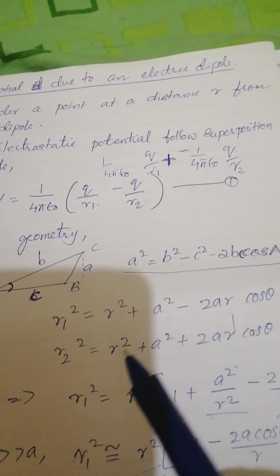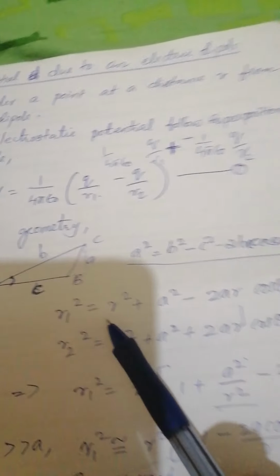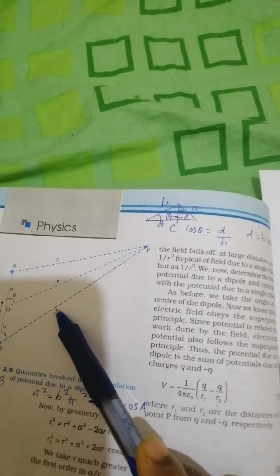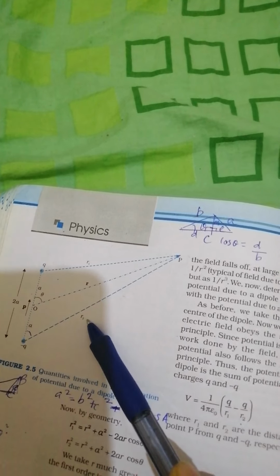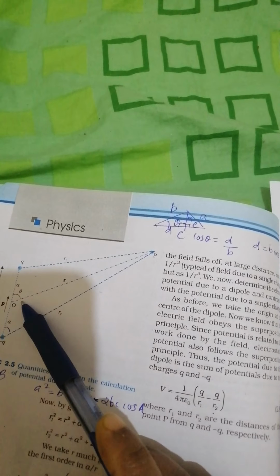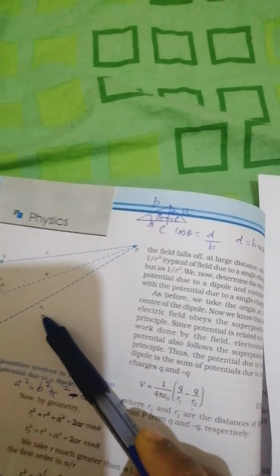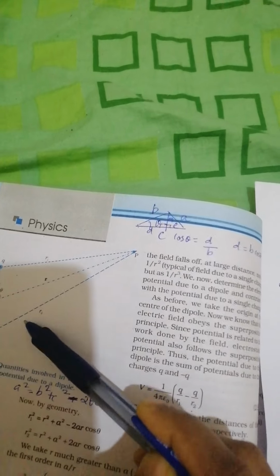and the same geometry we apply to the lower triangle, so that we can write r2 square is equal to r square plus a square plus 2ar cos theta. This side is just opposite to r1.